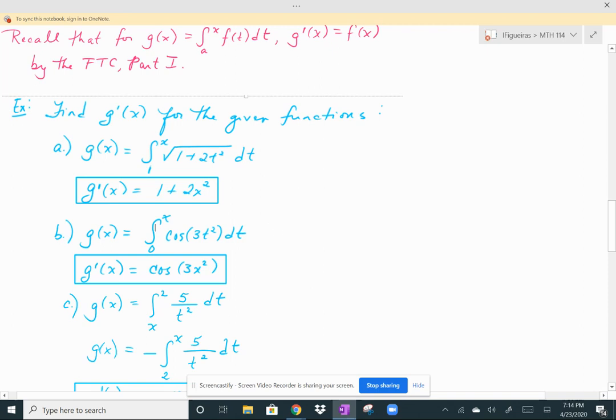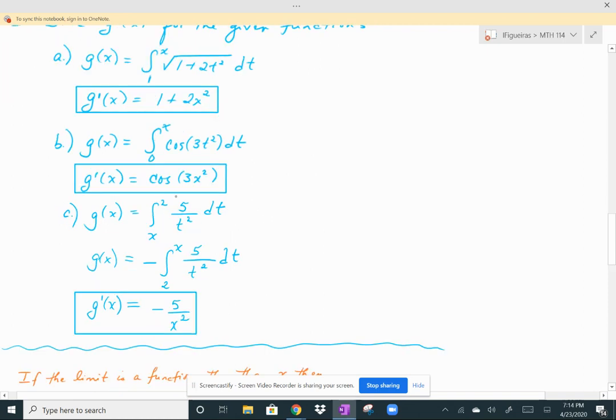Here I have g of x equal to the integral from x to 2 of 5 over t squared dt. Notice that your limits are in a different order than the previous two and different than the way the theorem gave it to you. The constant doesn't really matter, as long as the constant is in the domain, it's fine. So here I had a constant of 1, here I had a constant of 0, here my constant is 2.